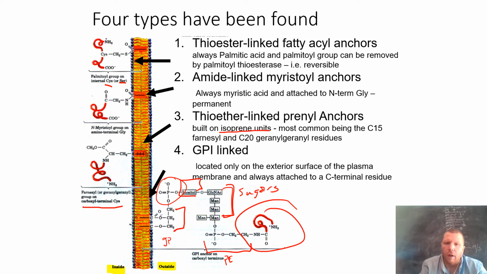This is a glycosylphosphatidylinositol. The sugars bring in the glyco, and the phosphatidylinositol gives our linkage to the membrane. A phosphatidylinositol group connects to a bunch of sugars that are then connected to the carboxy terminus of our protein of interest. So these are 4 unique ways in which a lipid-linked protein can associate with a membrane.